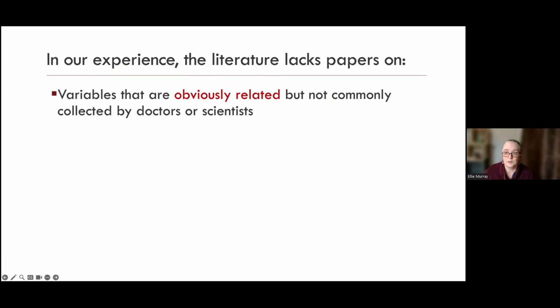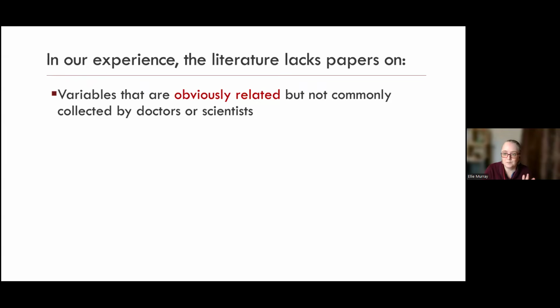The variables that we found come up in this process fall into two categories. In our experience, the literature lacks papers on variables that are obviously related, but not thought of as scientific. So what does that mean?